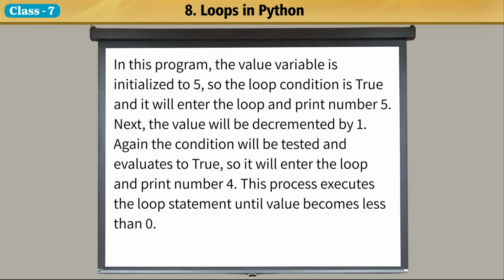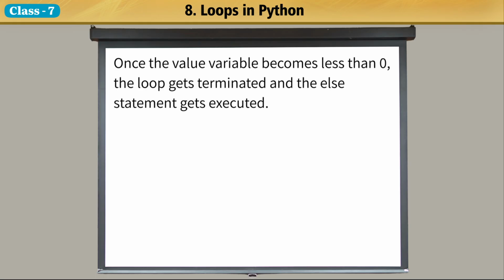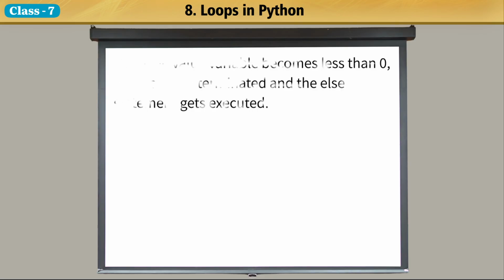Next, the value will be decremented by 1. Again, the condition will be tested and evaluates to true, so it will enter the loop and print number 4. This process executes the loop statement until value becomes less than 0. Once the value variable becomes less than 0, the loop gets terminated and the else statement gets executed.